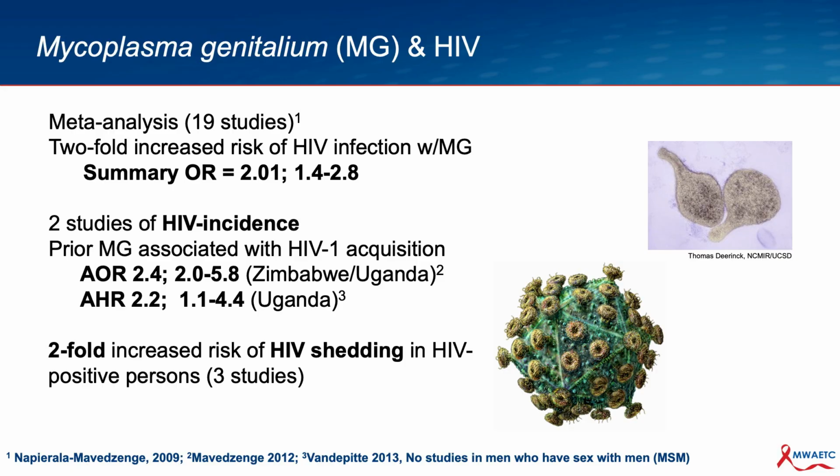Prior M-Gen infection has been associated with HIV acquisition, and a meta-analysis some time ago showed a summary odds of a twofold increased risk of HIV infection in those people that have M-Gen. Also, similar to what we've noted in gonorrhea and chlamydia, there's an increased risk of HIV shedding shown in these three studies. So very closely related, likely due to the inflammation it causes in the urogenital tract.